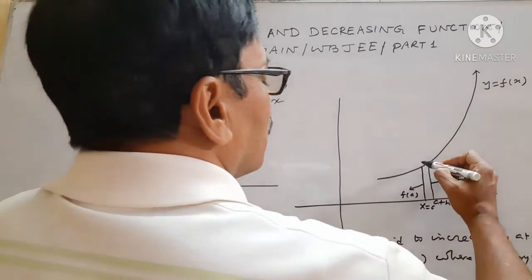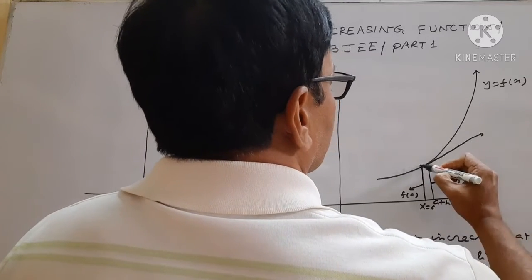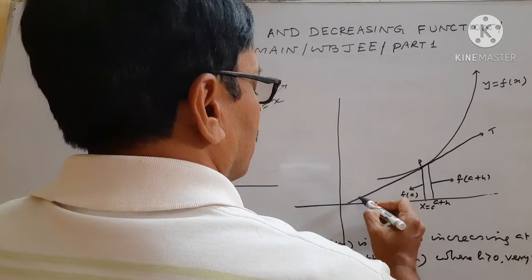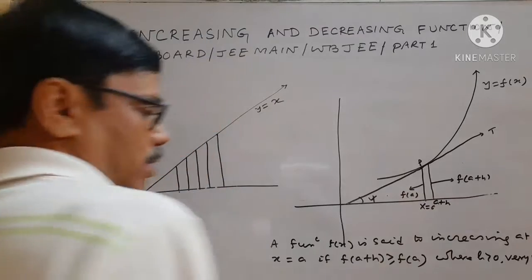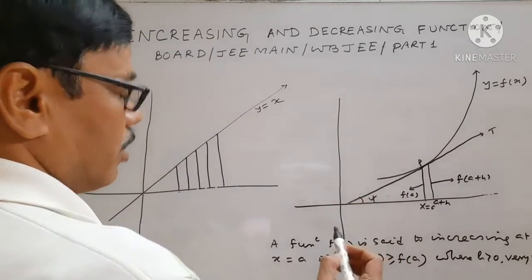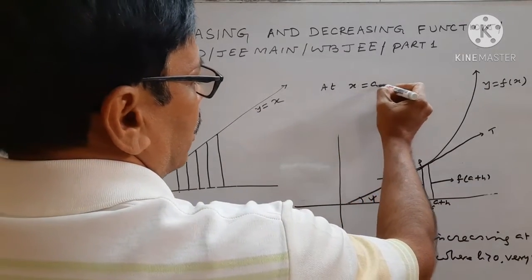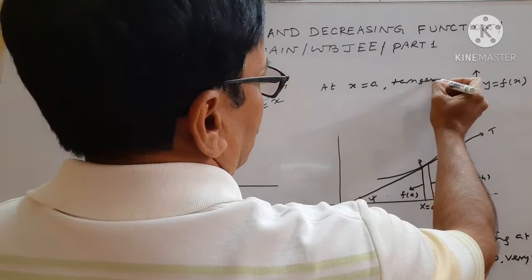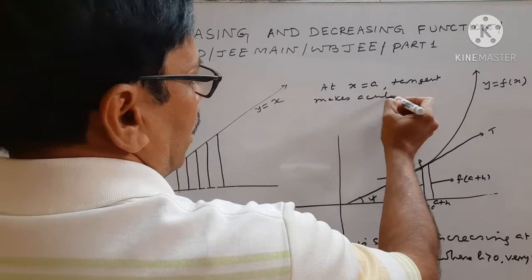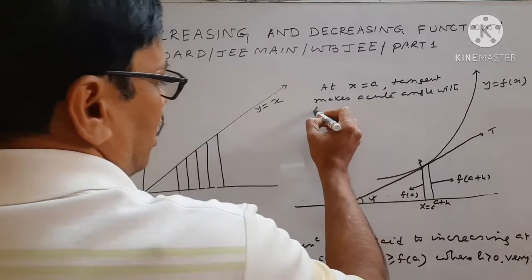Now, if we take tangent at x equals a, this is P, then the tangent makes an angle psi with positive x-axis. So at x equals a, the tangent makes an acute angle with the x-axis.